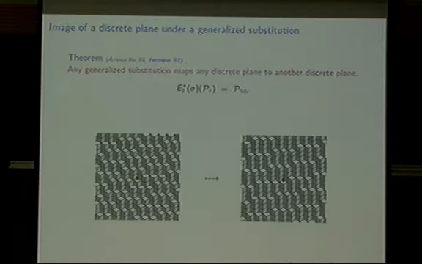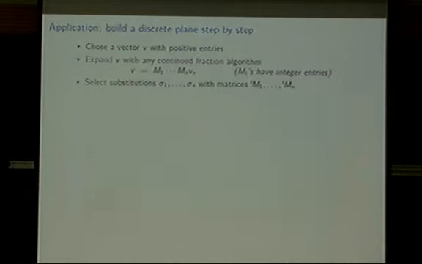So the idea is to use this formula, this switching formula, to build discrete planes step by step. And how do we do it? We fix an initial vector that we want to understand. So we fix a discrete plane that we want to build, and we expand the vector with a continued fraction algorithm, any one you want, and we have many possibilities.